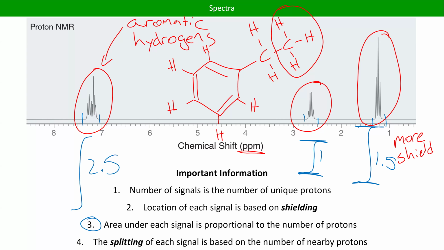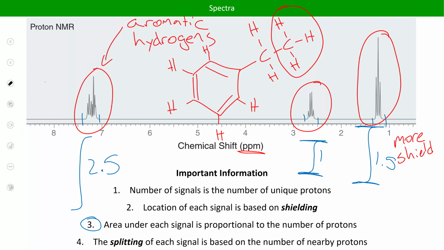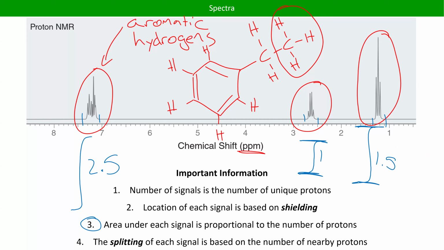So if we're looking at these relative to each other, and we can't have 1.5 and 2.5, what do we actually have to have? 2 and 3. And what does the 2.5 become? So if that's a 2, that becomes a 3, we just doubled everything, right? What's double 2.5? So basically this tells you how many hydrogens are in each of these signals.